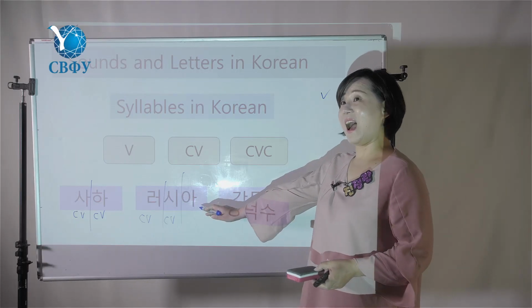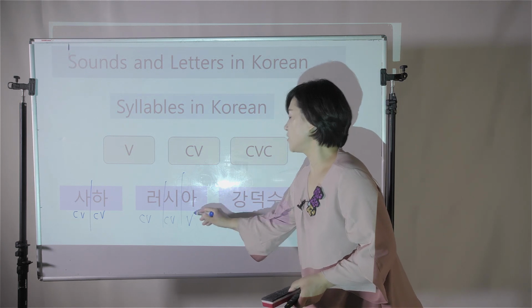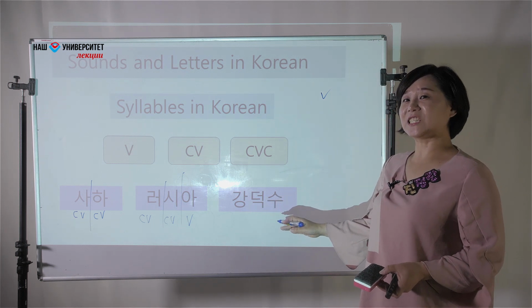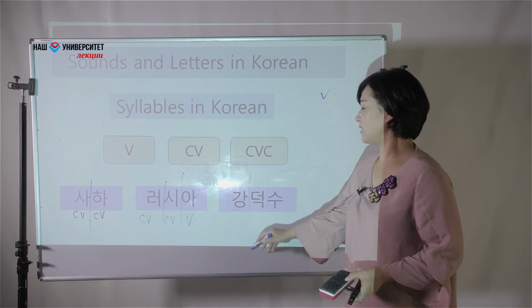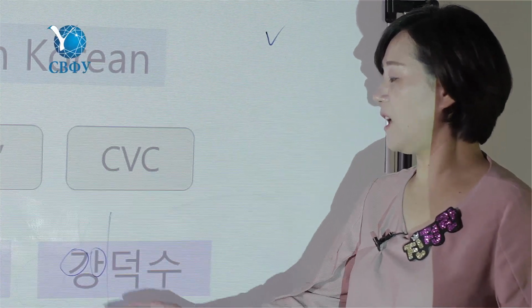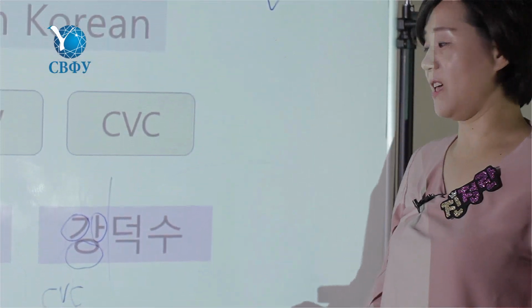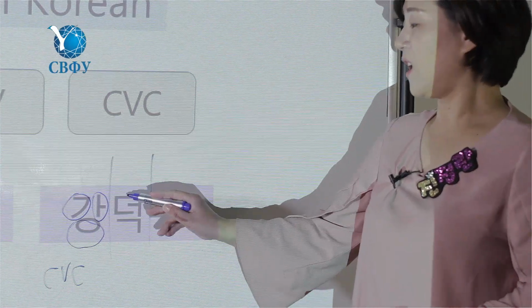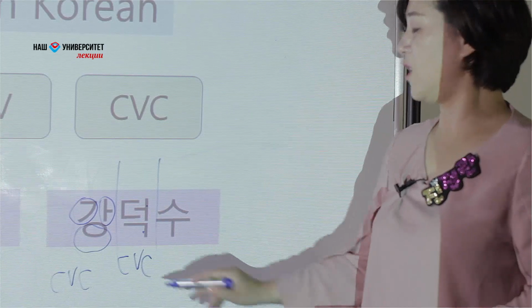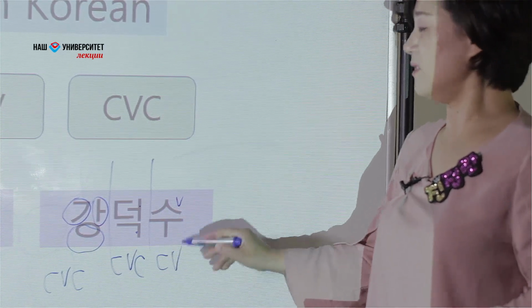And actually, this last one is just a vowel alone. Then what about Kangdoksu? Kang, consonant, vowel, and consonant. Dok, consonant, vowel, and consonant. Su, consonant and vowel.